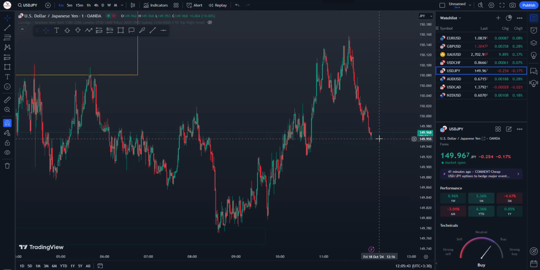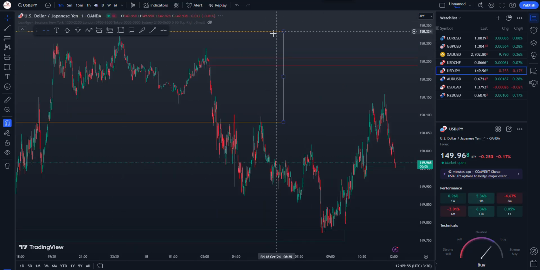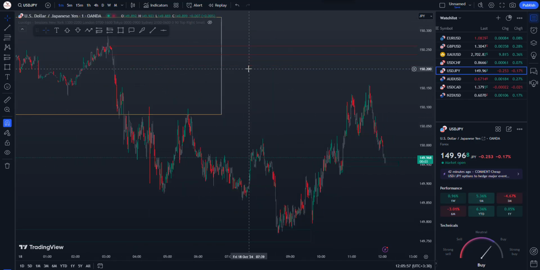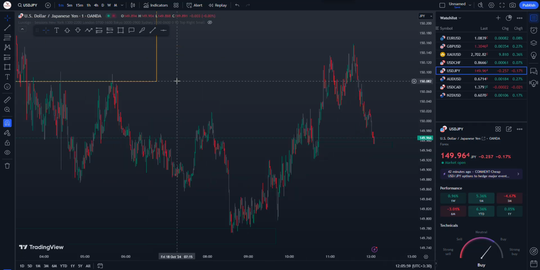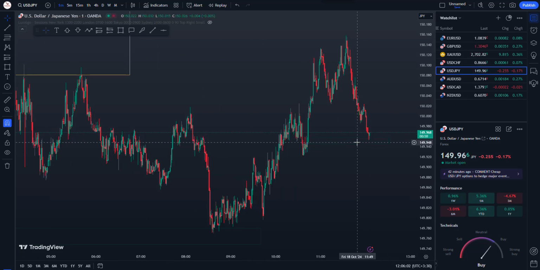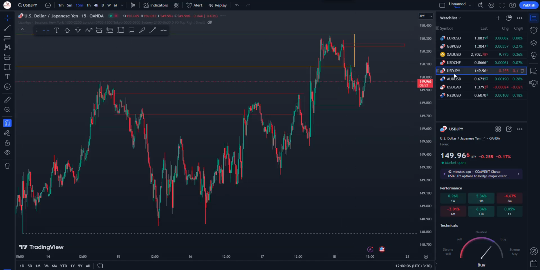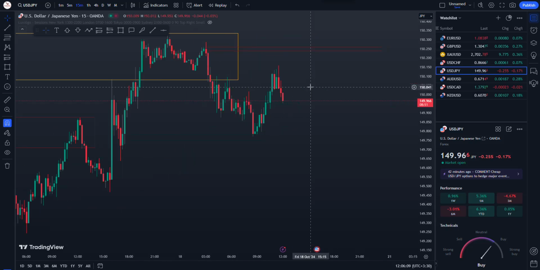As you can see, it can work here, and because we have some reactions from this big level, this great level here, I can't accept this risk for going long from here. So let's see what happened in EURUSD. Actually let's set an alert for this one at the last space that makes that high.